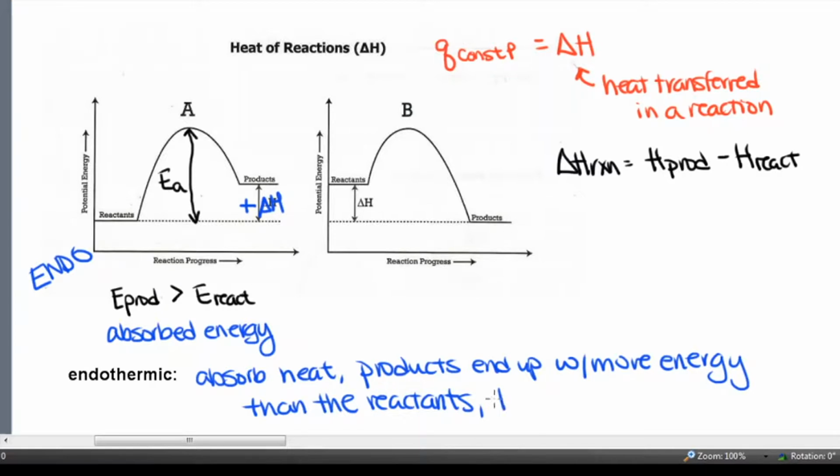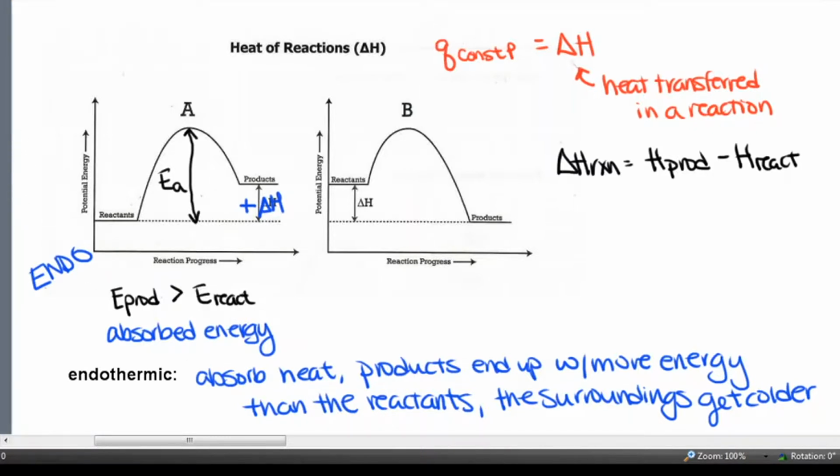And lastly, the surroundings get colder, as the surroundings are providing the heat that is being absorbed by the reaction.